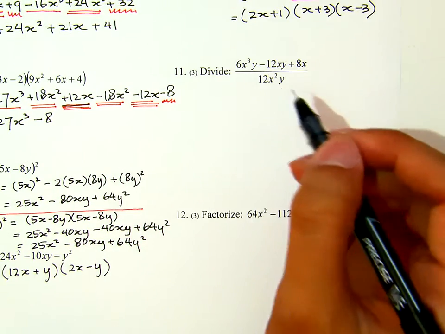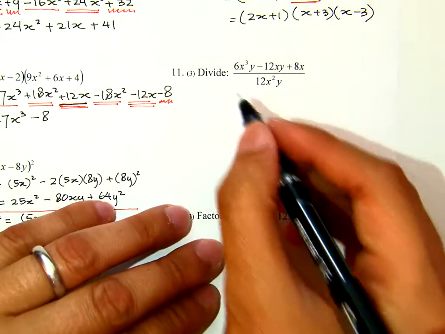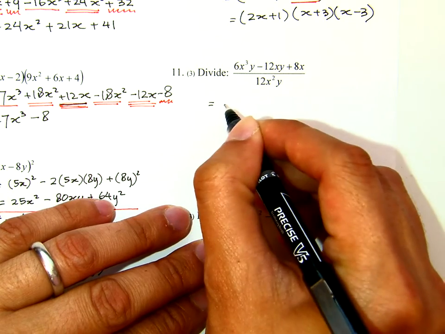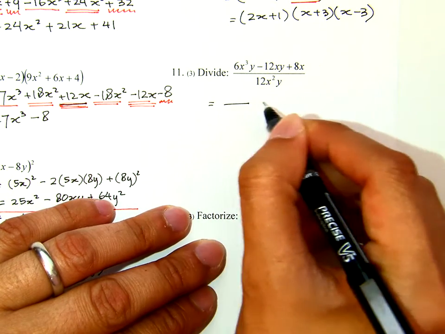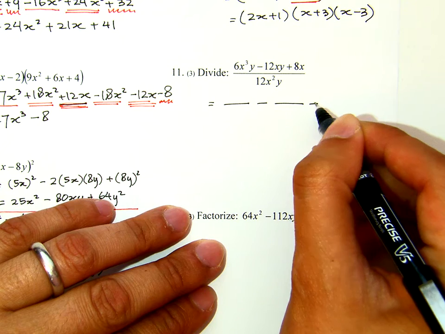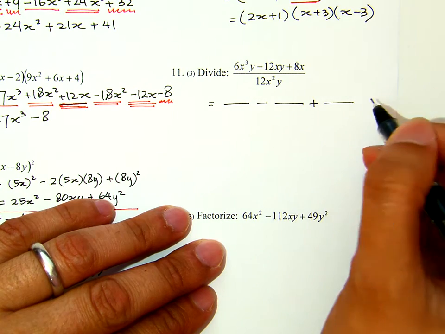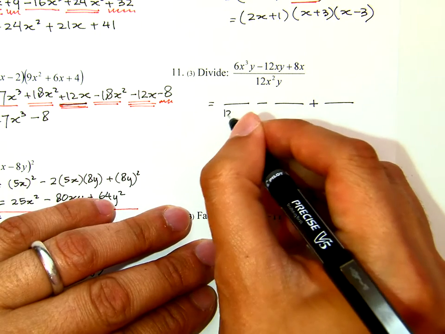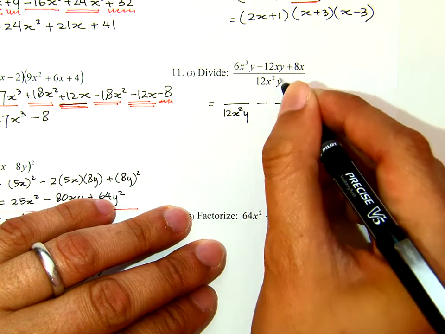Now because we divide by one term only, what we will do is break this up into the sum or difference of rational expressions with the same denominator. The same with that one.